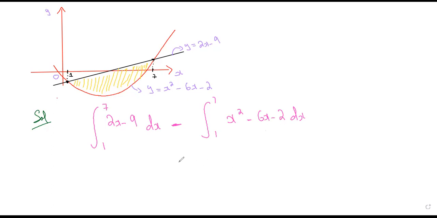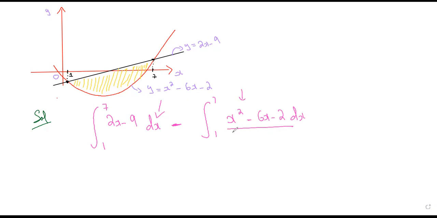Now, when you integrate this line, what exactly are we going to get? For this, you need to think about this line on its own, and you will see the area between the x-axis and the line. Then you subtract from this the area between the x-axis and the curve.